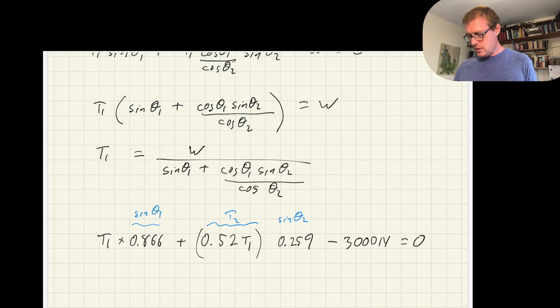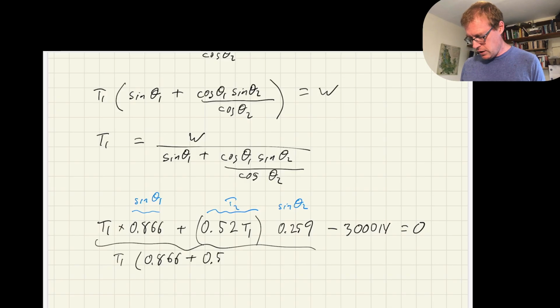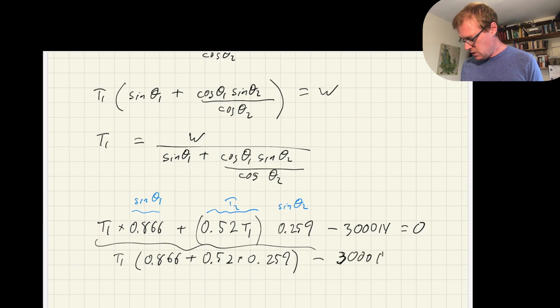Okay. I now multiply this out. So T1 times 0.866 plus 0.52 times 0.259 minus 3,000 newtons equals 0. And it turns out that if you take out your calculator and do this, this is 1.